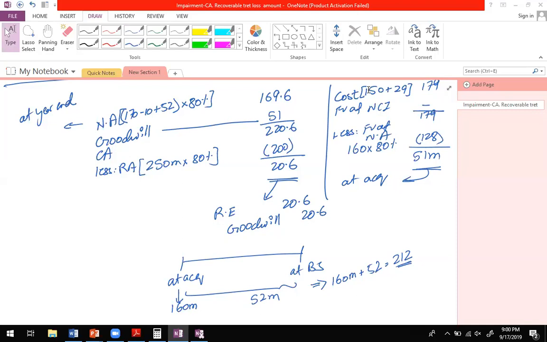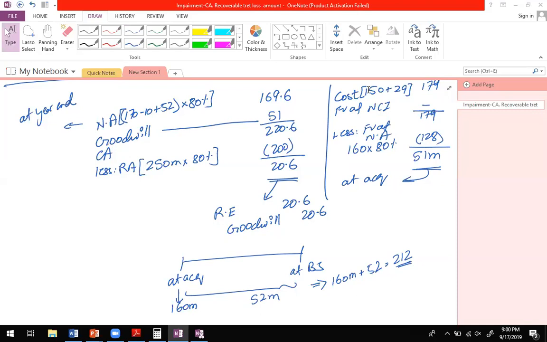So in exam, you are going to write the complete answer of cost less fair value of net assets. The cost was 150 plus 29. The net assets were 160 into 80%, and the goodwill was the difference of these two. So this working should be shown in the exam.